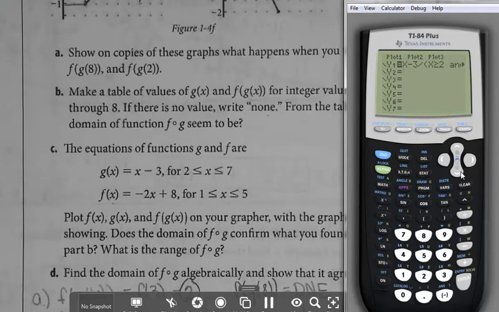Then I'm also going to do f of x, which is negative 2x plus 8. Now that's going to have x greater than or equal to 1 and x less than or equal to 5.